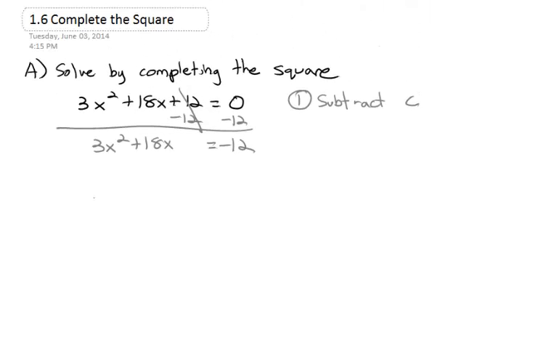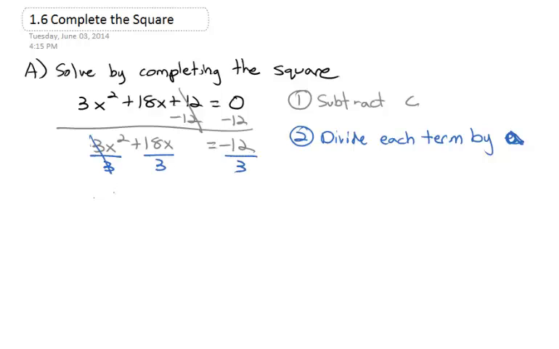The next thing we did was we divided each term by a. A is the first term in front, so when we divide everything by 3, the 3 divides out, and we're left with x squared plus 6x equals negative 4.